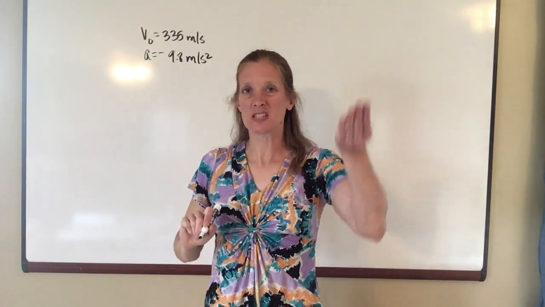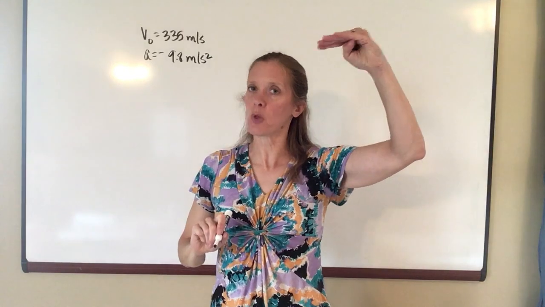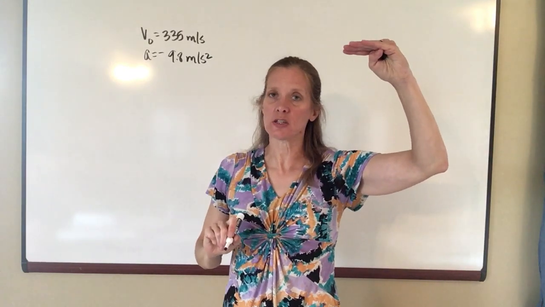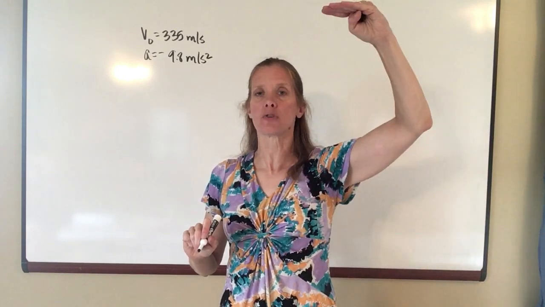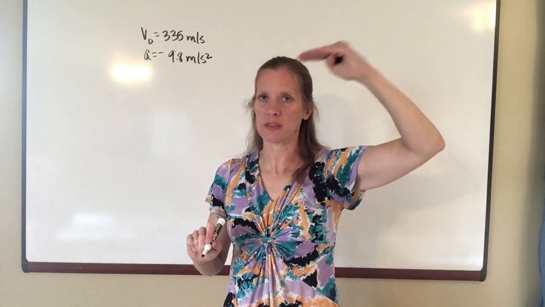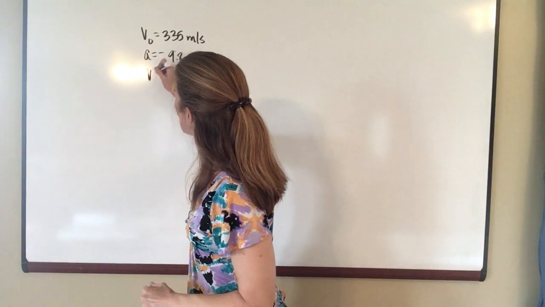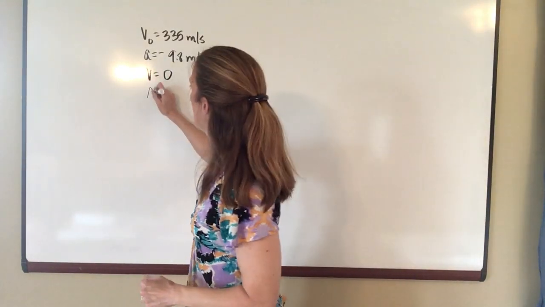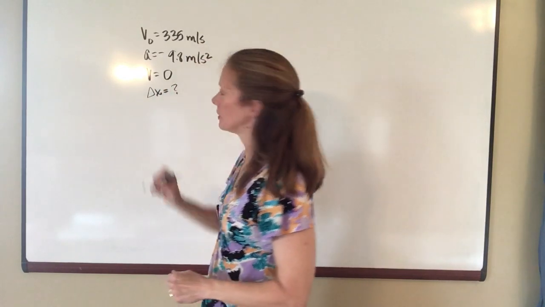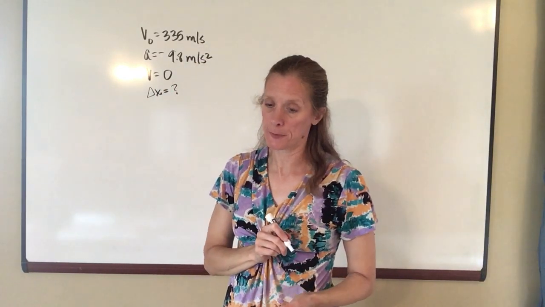When the bullet reaches the top, for a split second the velocity is going to be 0 because it has to change direction. It's got to stop moving upwards and start falling back downwards again. So at that brief moment, the velocity is going to be 0. And the question was, how far does the bullet actually go up?